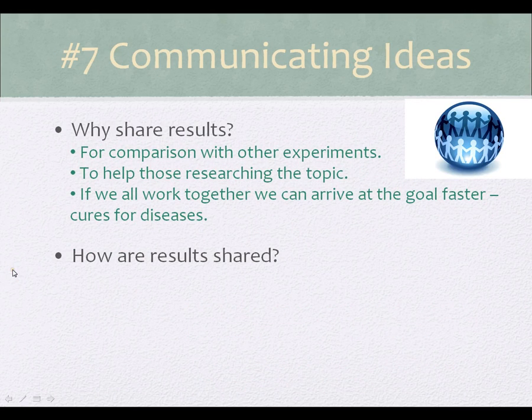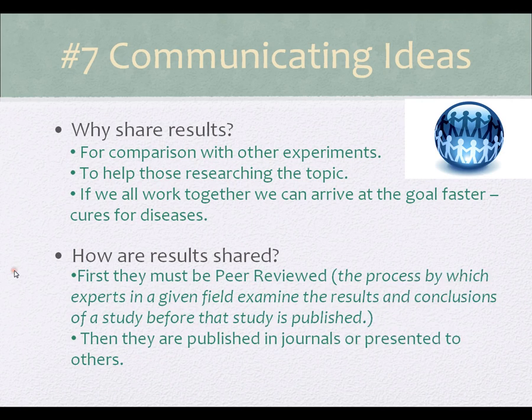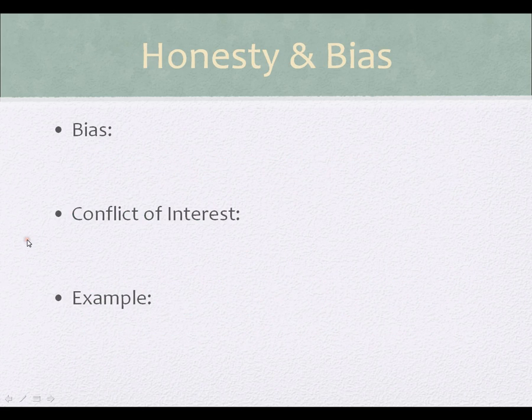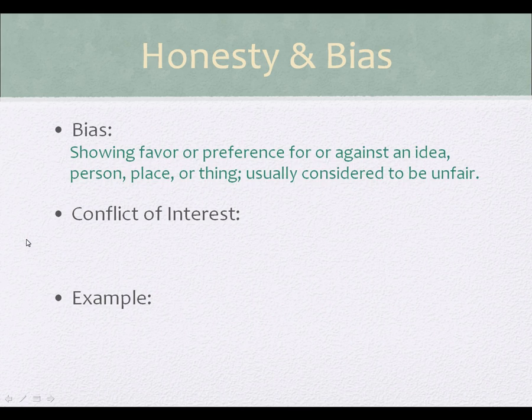Communicating ideas. Why do we share results? For the general knowledge of everyone. How do we share results? They need to be peer-reviewed. They're going to be looked at by other experts in the field, by other scientists, and then they're published. Bias. Showing favor or preference for or against an idea, person, place, or thing.